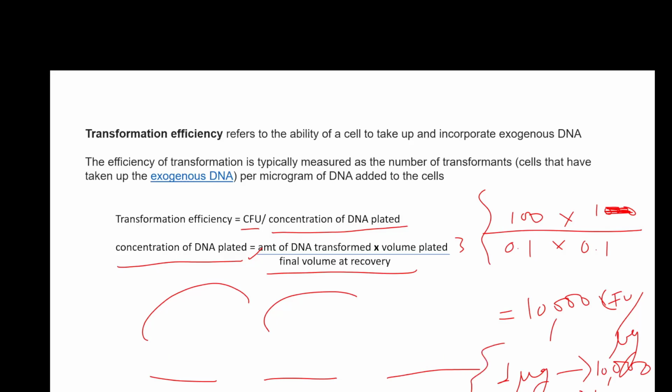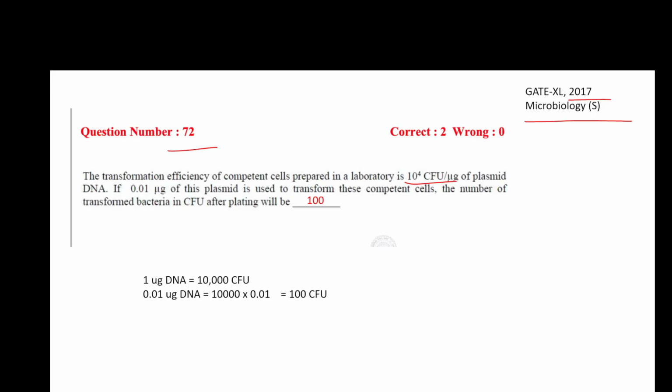If we look at our question, it says that the transformation efficiency of competent cells prepared in the laboratory is 10 to the power 4 CFU per microgram. That means when you give 1 microgram of DNA, you get 10,000 transformants. Similarly, it asks if 0.01 microgram of this plasmid is used, how many transformed bacteria or CFU will be observed.